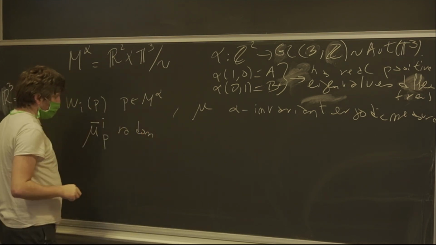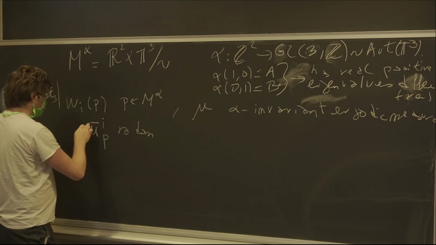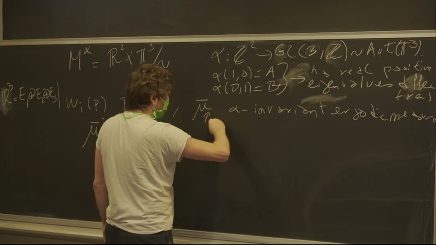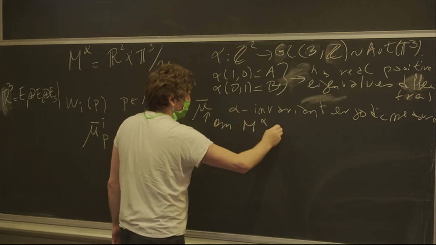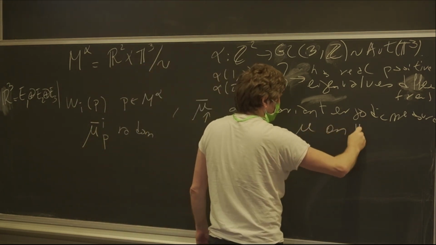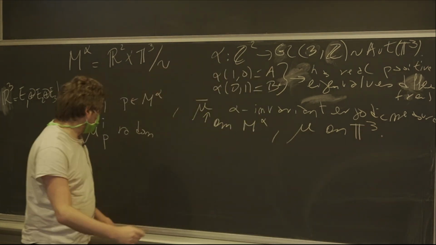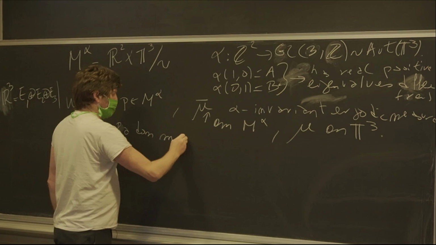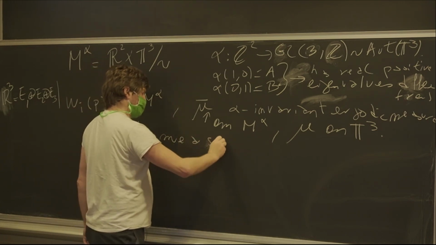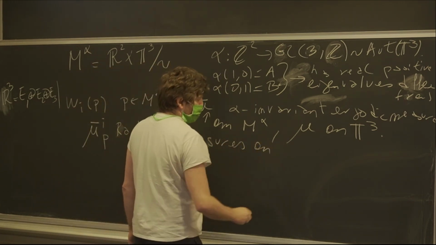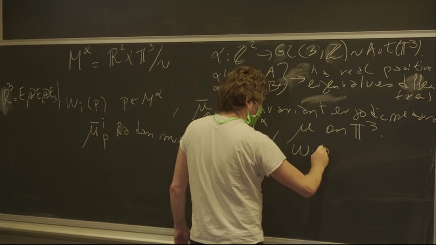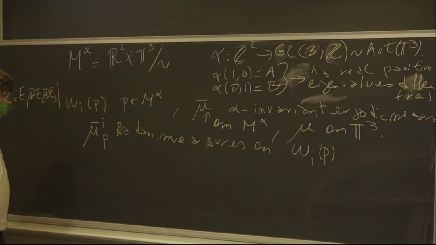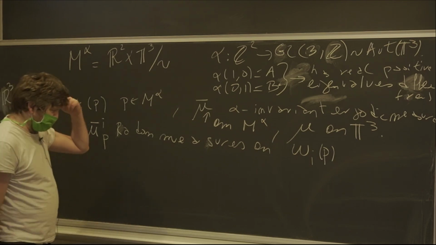With a bar, I guess, or with a hat? I don't remember. Actually, μ bar was the measure on M_α. μ was on T^3. These are Radon measures on W_i.